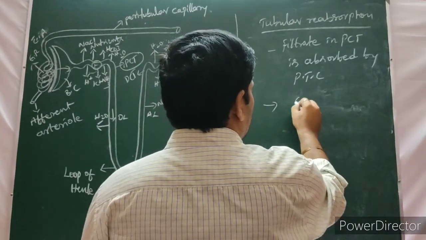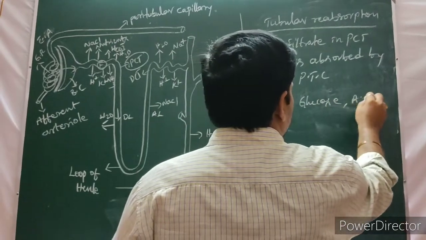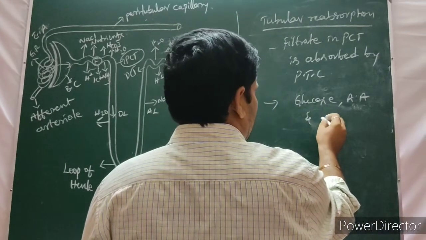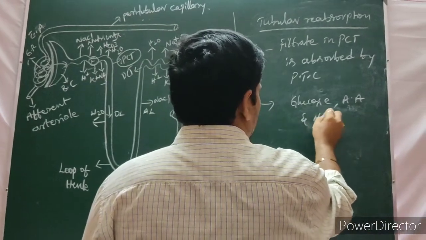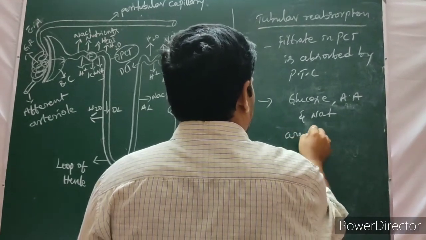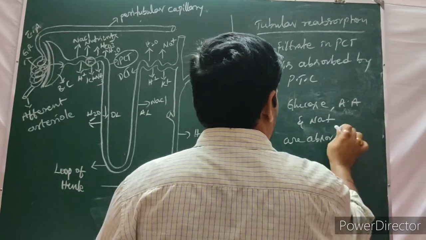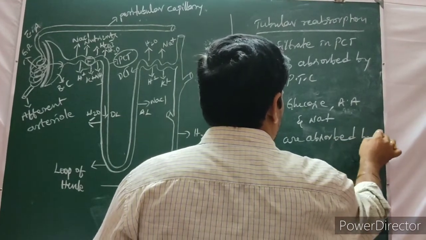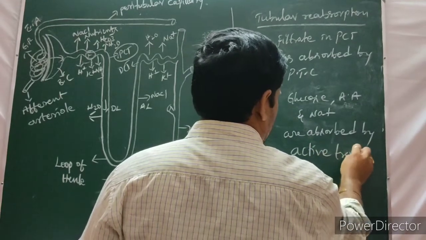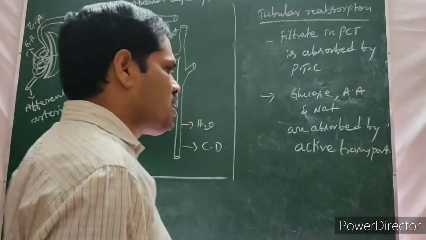Now, commonly glucose, amino acids and electrolytes like sodium are absorbed by active transport. What is the meaning of active transport?